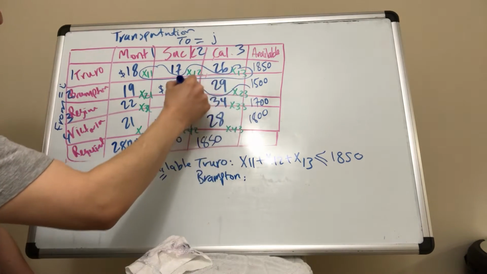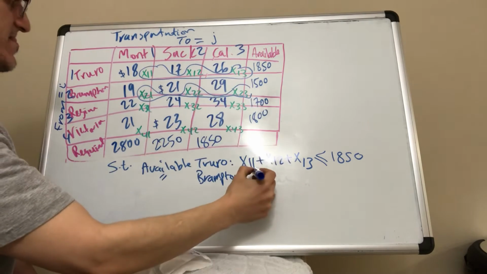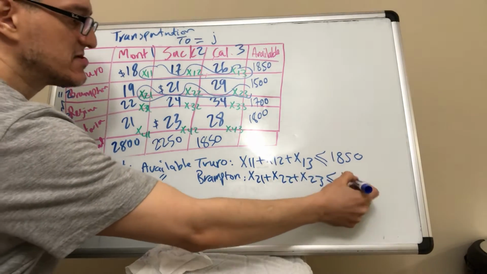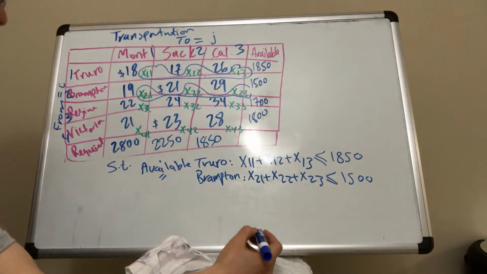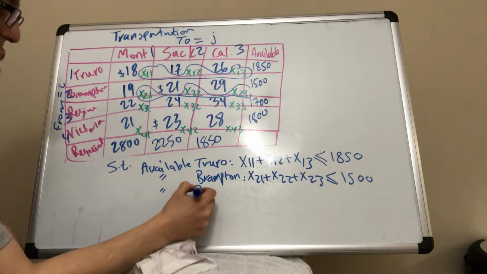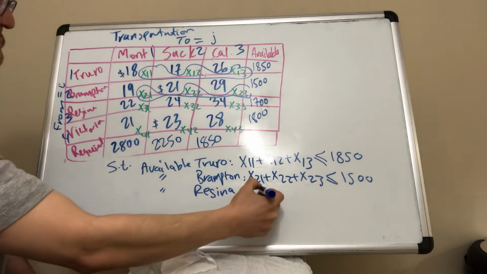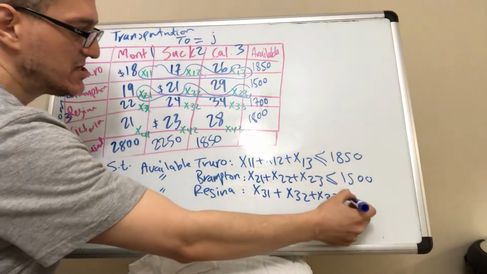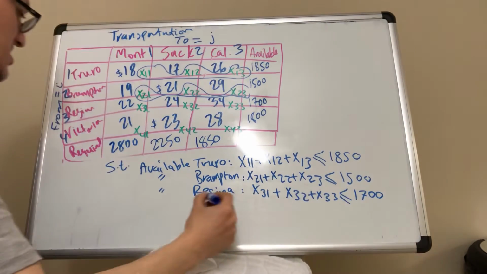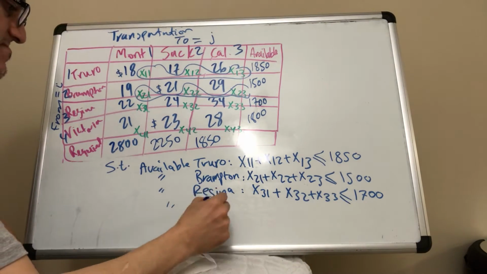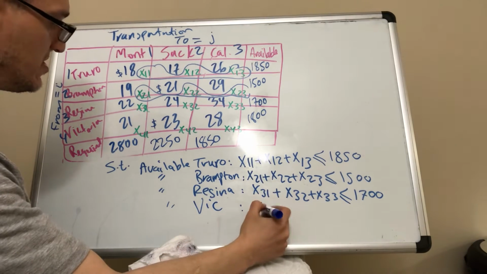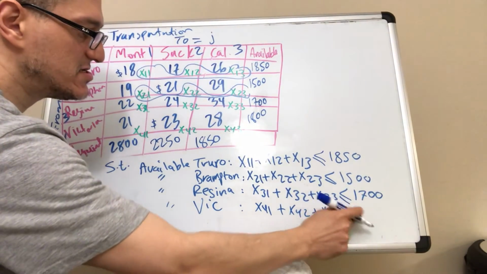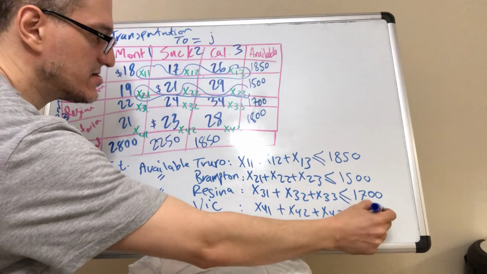Coming from Brampton would be 2-1, 2-2, 2-3, not to exceed what they're capable of providing. Regina. Coming from Regina, 3-1, 3-2, and 3-3, not to exceed 1700. And finally, Victoria, x41, 42, 43, not to exceed 1800.